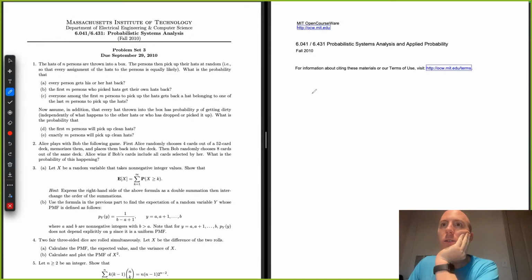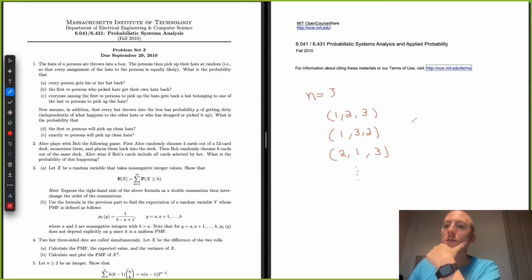If we think of n equal to 3, for instance, all the outcomes are (1, 2, 3), (1, 3, 2), (2, 1, 3), and we keep going. If this is our sample space, this is the only outcome that would correspond to the event that everyone gets his or her hat back.